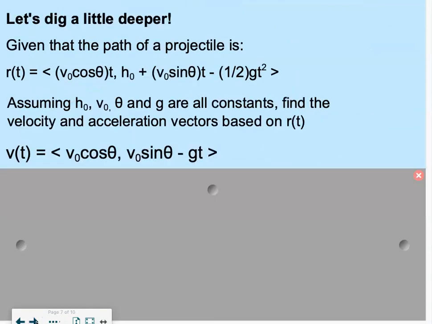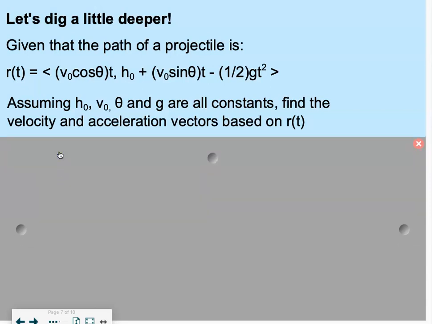All right. So digging a little bit deeper. Not a lot deeper, just a little bit. Given the path of a projectile, suppose we assume that your initial height, your initial velocity, your angle, and your gravitational constant are all constants, which they should be.